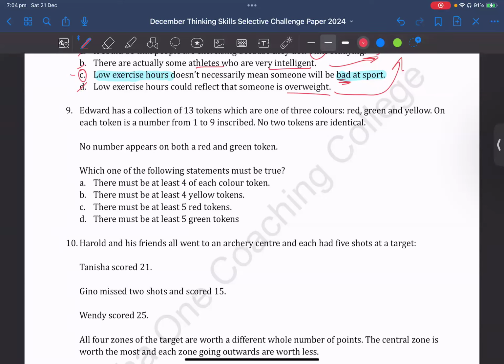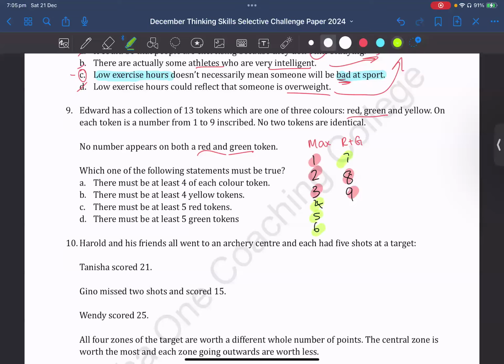So the key thing to note from this is that we're first going to try and sort out who gets what. So for the maximum for the red and the green here, we're going to find what's the maximum different types of numbers that can come across. And I see that we've got 1, 2, 3, 4, 5, 6, 7, 8, 9. Now, the way this works is that no number appears on both a red and a green token.